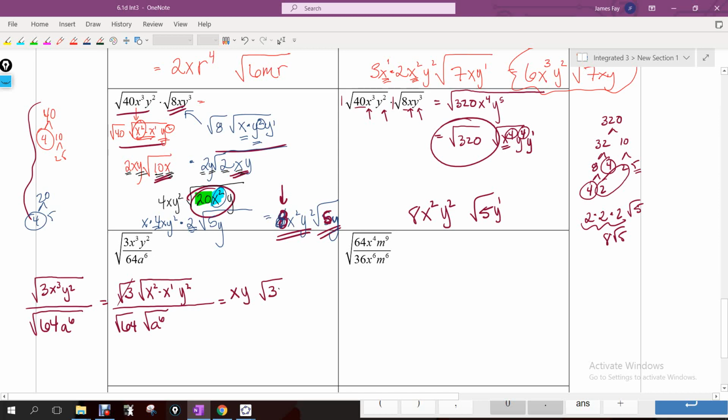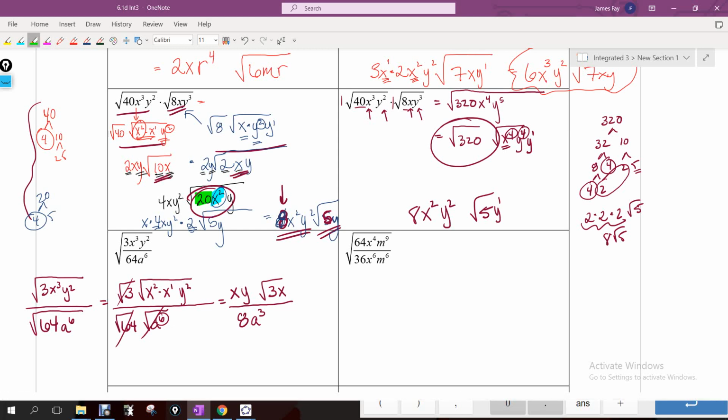And then underneath the radical, I have x. On the bottom, 64 is a perfect square, so 8 comes out. And this is even, so a to the third. Nothing is left over. That went away as 8, that went away as a to the third, so there's no radical. If you want to put radical 1 there, there's nothing wrong with that. I think Math Excel would probably count it wrong just because it's just not something that they're looking for. But it is not wrong, but usually we write that way.